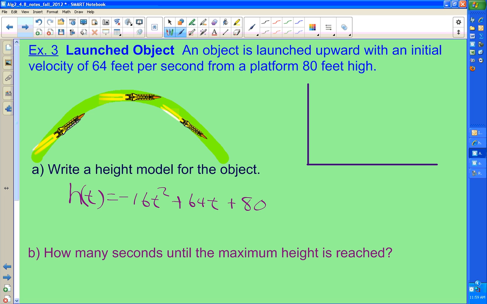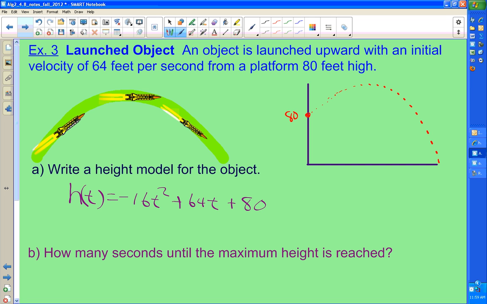The next question that we usually ask: how long does it take until you reach the maximum height? Well, let's take a look at what this object does in terms of height. It starts at 80 feet and is launched upward, and then it falls to the ground. Where is the maximum height going to be attained?